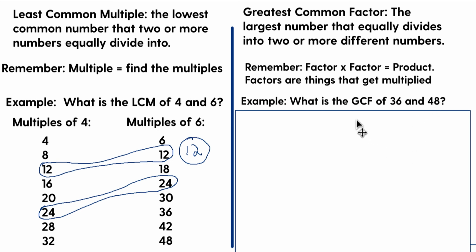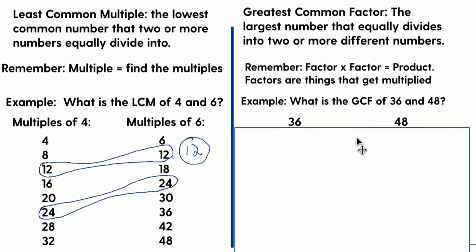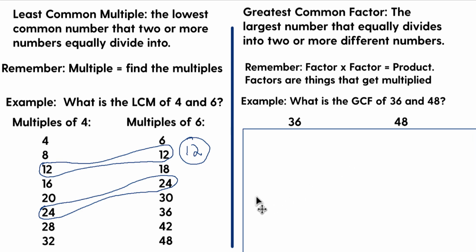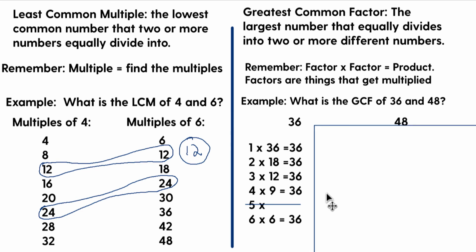Okay, so here's how I teach this. You're going to make lists of 36 and 48. Let's do 36 first. You want to come up with all the ways that you can multiply numbers together to get 36. So you could take 1 times 36, 2 times 18, 3 times 12, 4 times 9. 5 doesn't work.